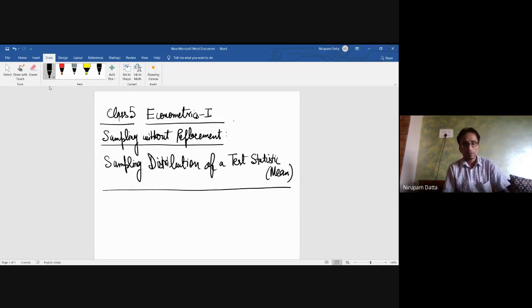When we are sampling, we generate a set of test statistics, and that creates a sampling distribution. So we are generating the test statistic from a set of random samples which have been generated without replacement from a normal population.